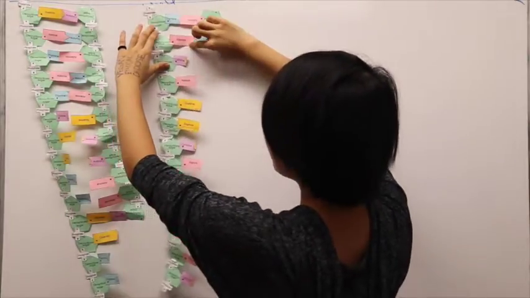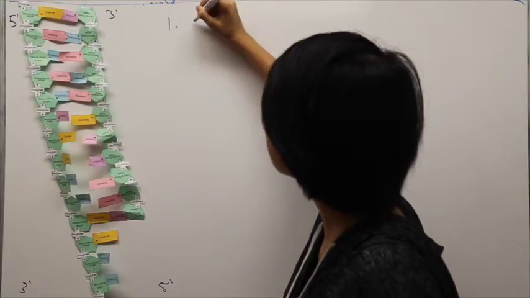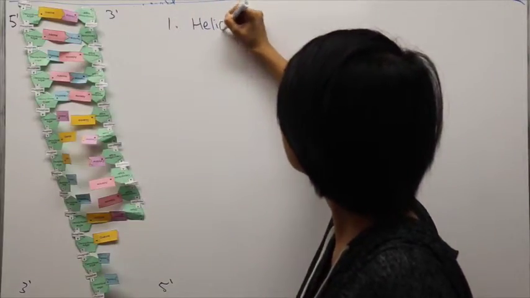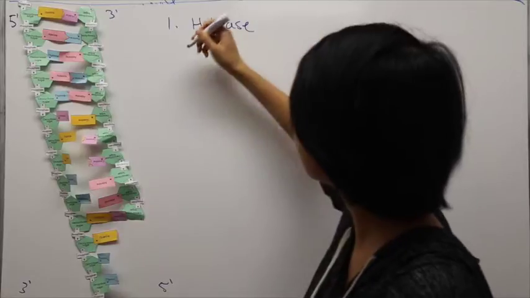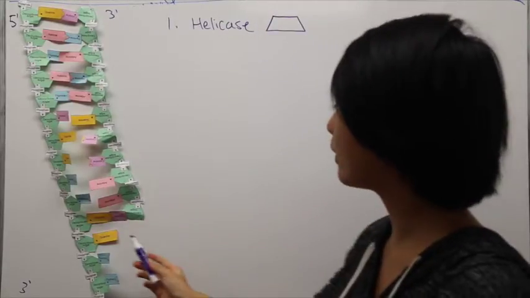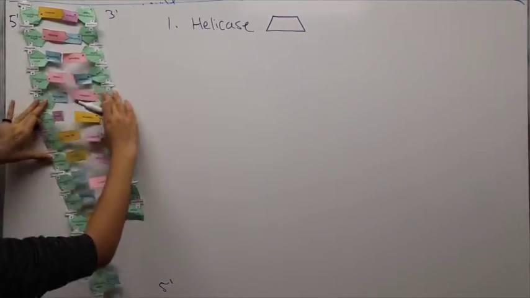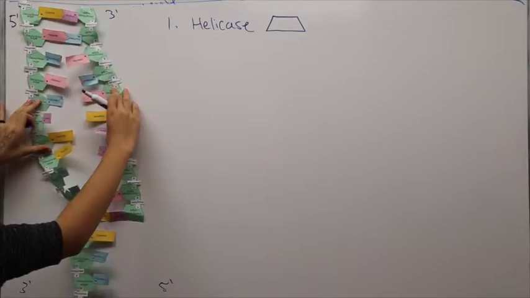It's TAC. Firstly, the enzyme helicase, which looks like this, will go in and separate the 2 strands of DNA.